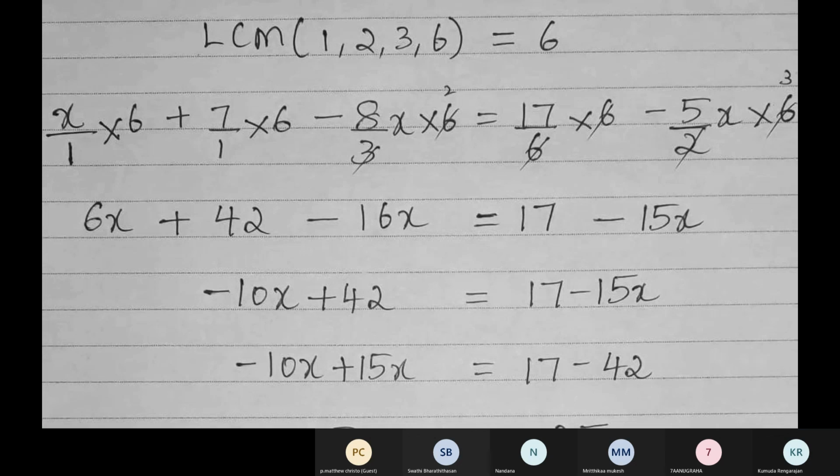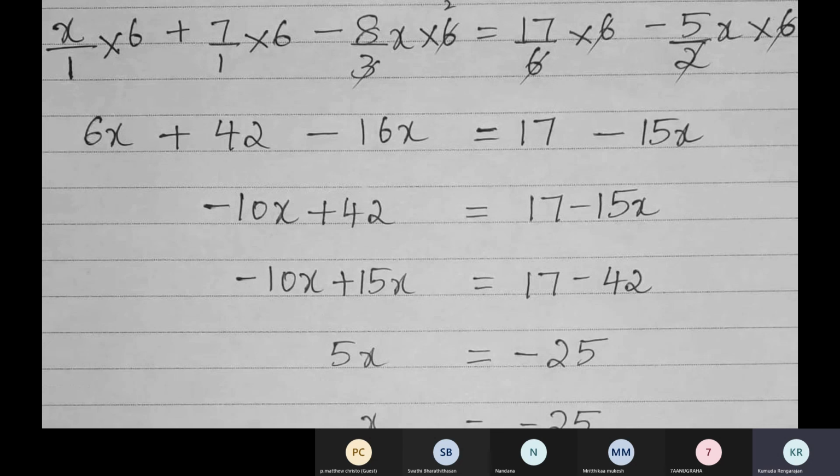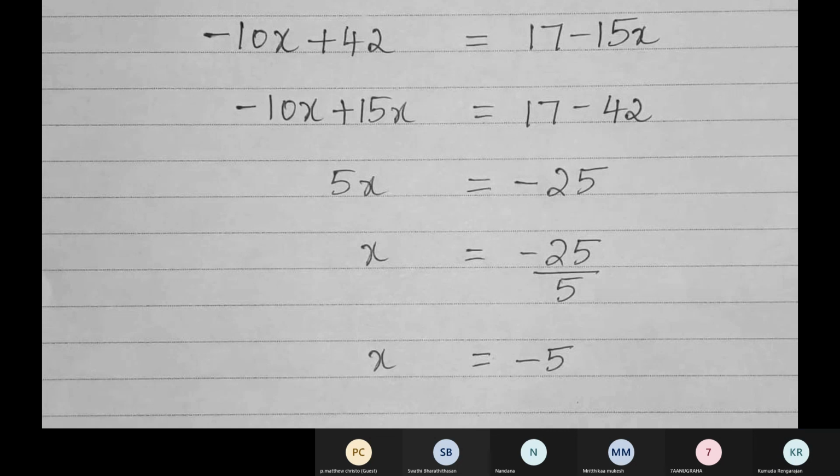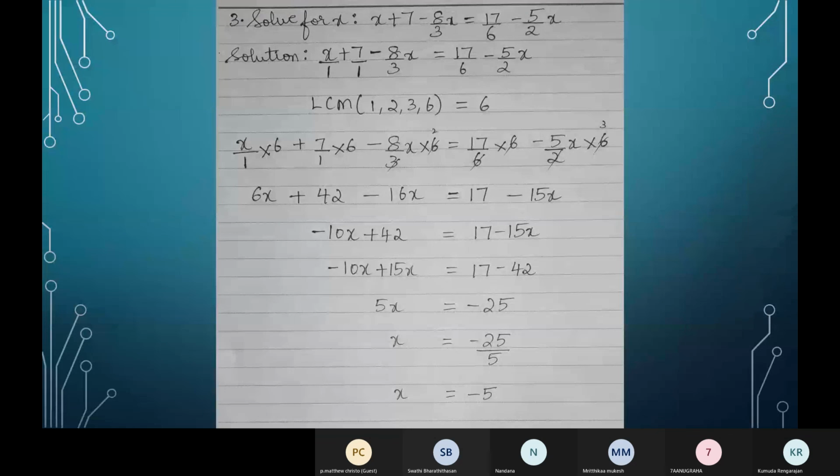Minus 25, ma'am, because the greater number's sign is negative. Very good. Plus 17 minus 42 is minus 25. So we have 5x is equal to minus 25. x is equal to minus 25 by 5, which is minus 5. Yes, ma'am, same answer. Very good.